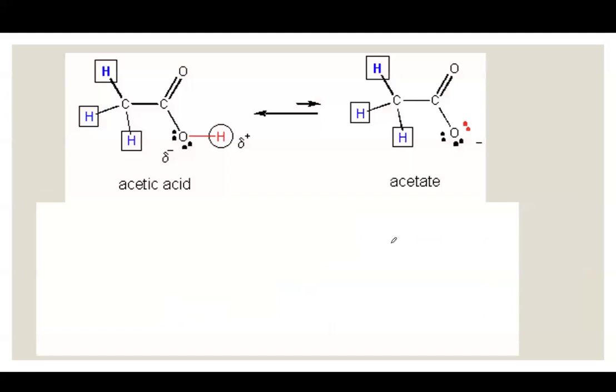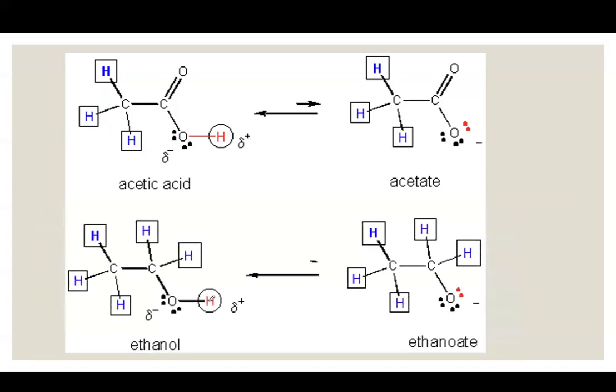So let's look at this example. Acetic acid gives away a hydrogen to become the acetate conjugate base. In that conjugate base, the partial negative charge is on that oxygen. Let's compare that structure to ethanol. Ethanol has a carbon, hydrogen, hydrogen in its adjacent group in addition to that oxygen. After this hydrogen is being given away, the oxygen also bears a partial negative charge.